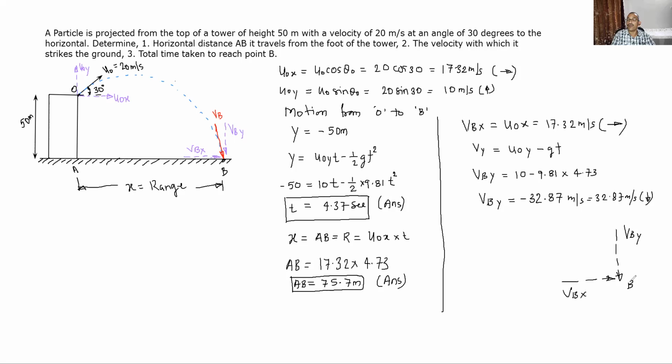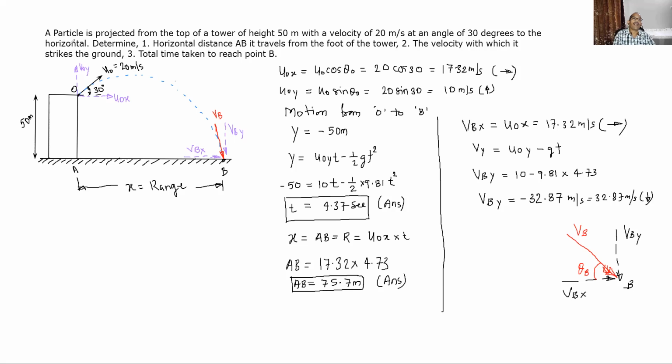This point is B. The resultant velocity of this particle lies in between these two, something like this. This is VB, inclined at an angle theta B.